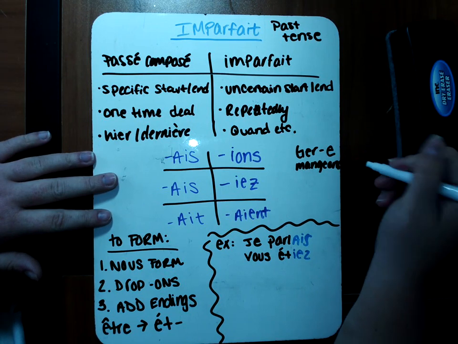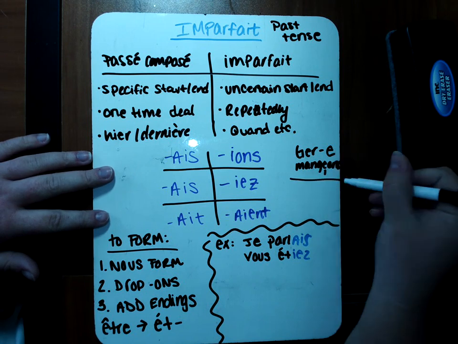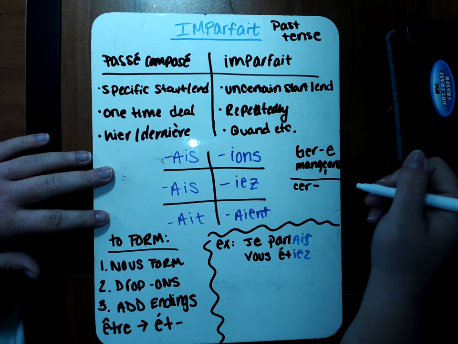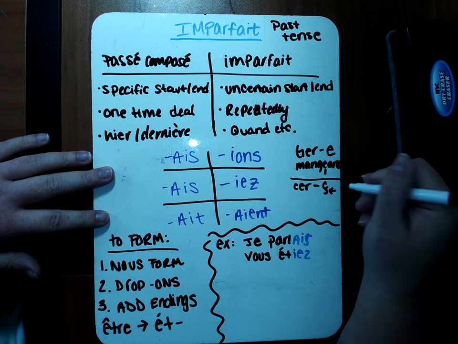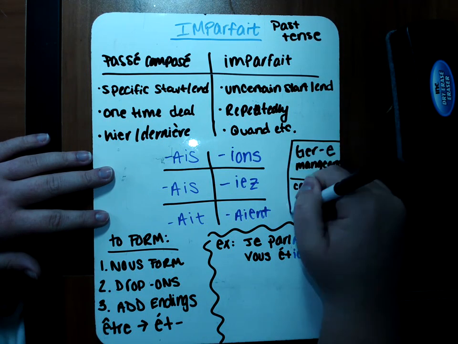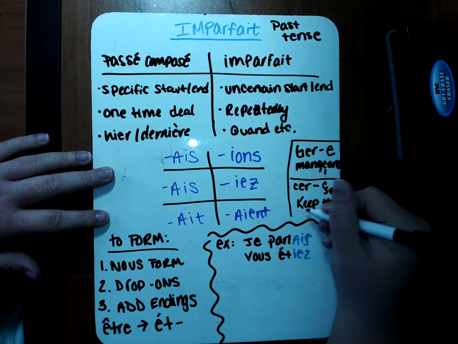Now, in the Imparfait, we're still going to keep this E. And the same thing goes with CER verbs. In the nous form only, they get a cédille on the C, so we're going to keep that cédille as well. So these don't change. You keep these changes.